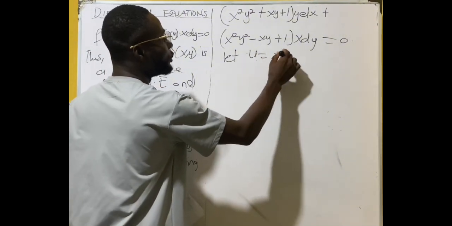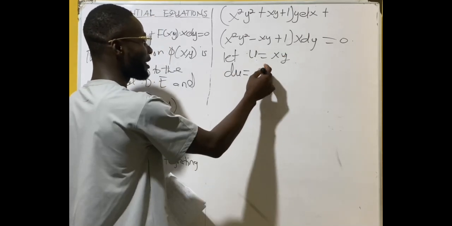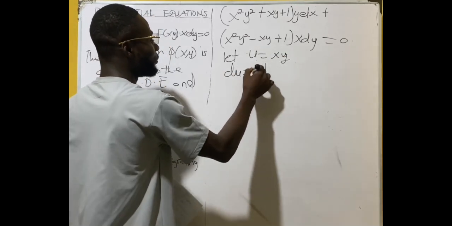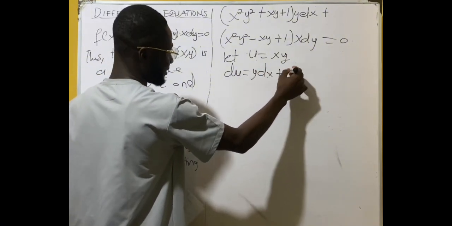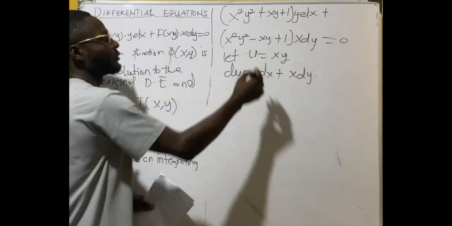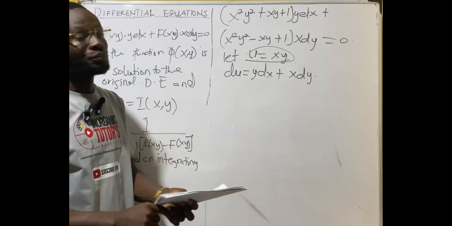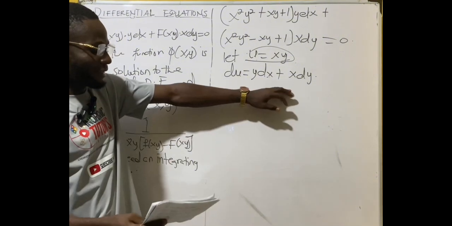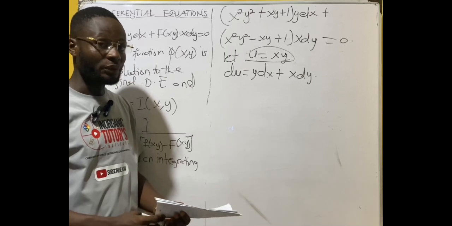So we use the product rule to differentiate: you differentiate x and maintain y, plus maintain x and differentiate y. We use the product rule here. So let's try to express the equation in terms of u and du.